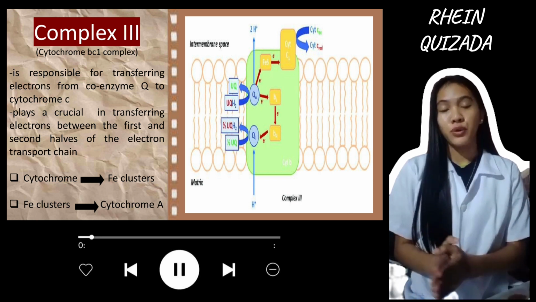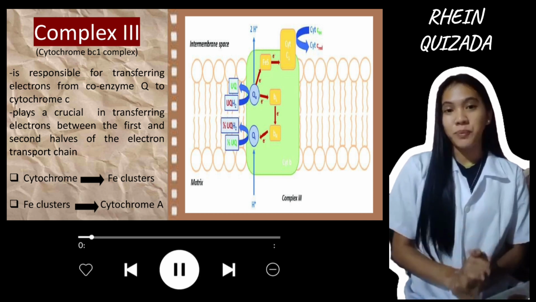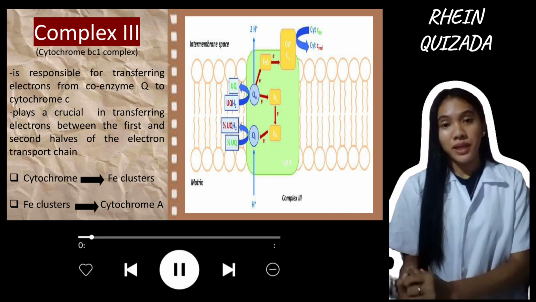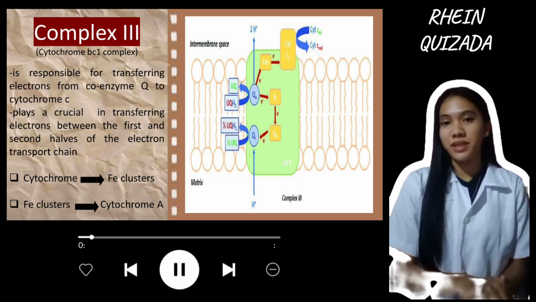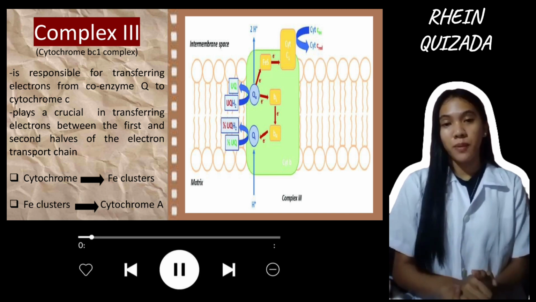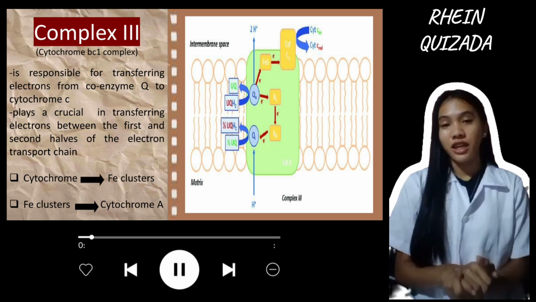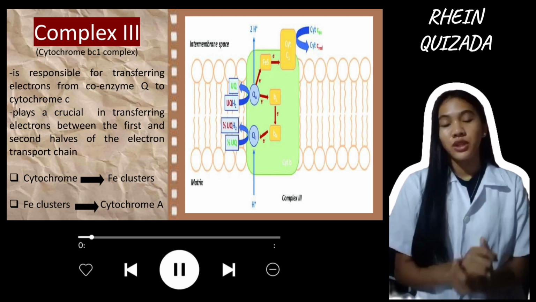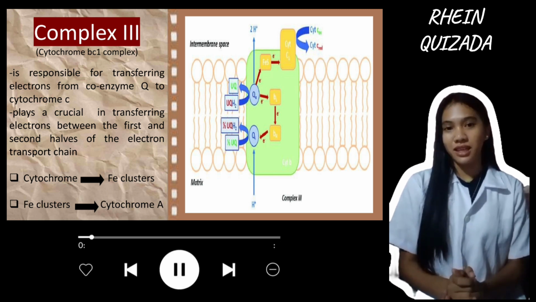So cytochrome B to iron cluster and iron cluster to cytochrome A. The primary function of complex 3 is to transfer electrons from ubiquinol to cytochrome C. This process, coupled with the translocation of protons across the inner mitochondrial membrane, contributes to the proton gradient used by ATP synthase to produce ATP.